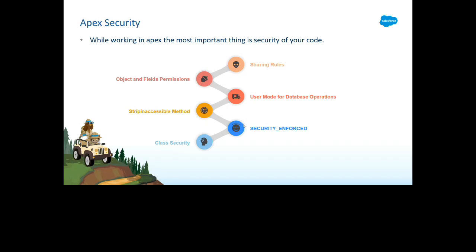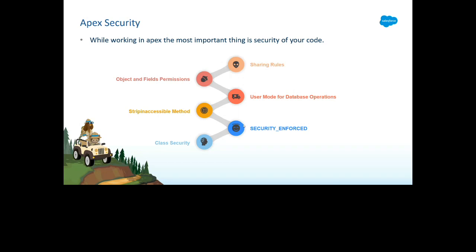And you must know that we are living in an era where almost every customer is technical. If your customer bypasses your security, this can cause a serious problem. So you have to consider security while writing your code. Apex security is the most important thing.